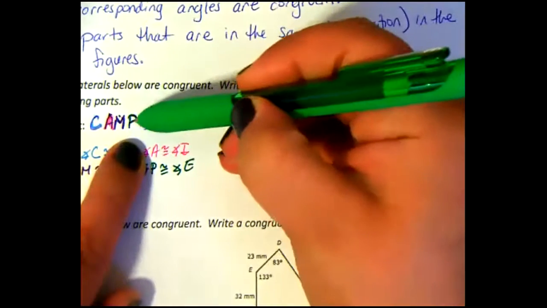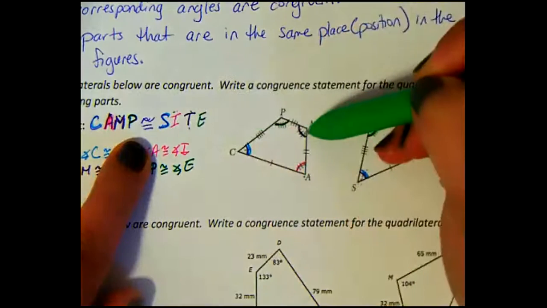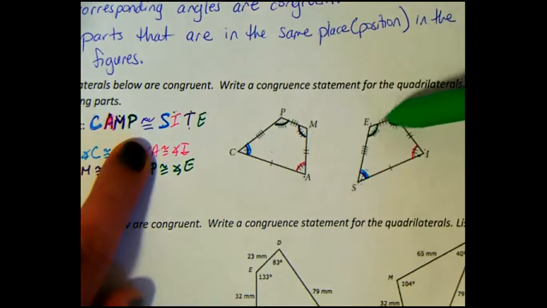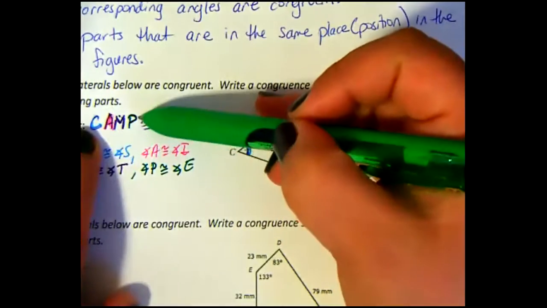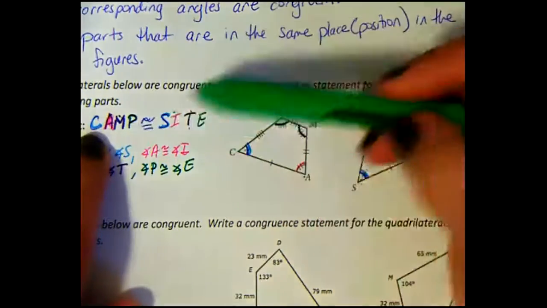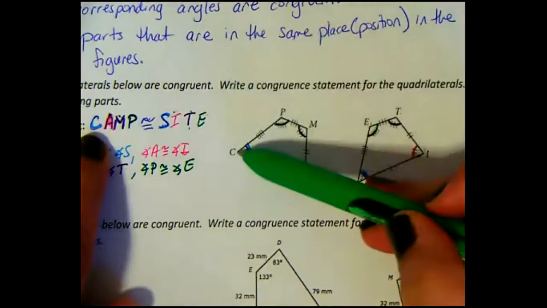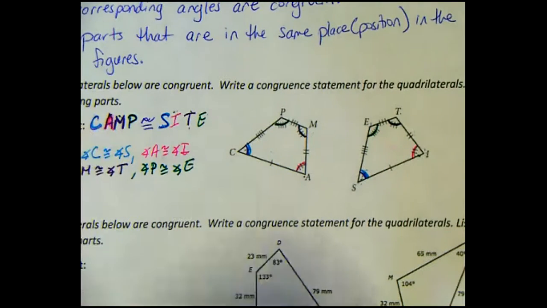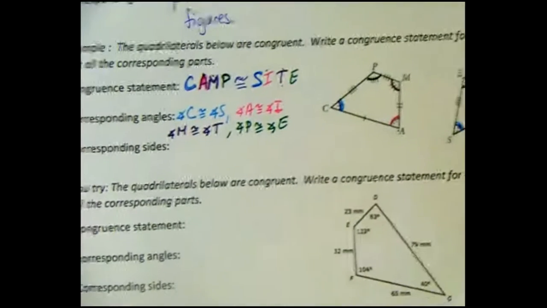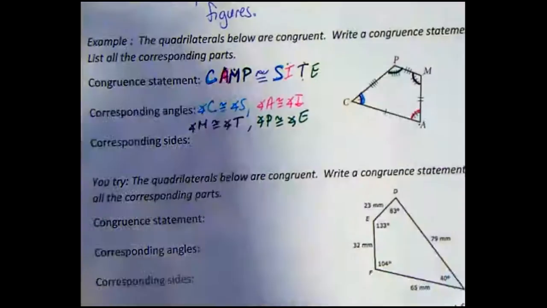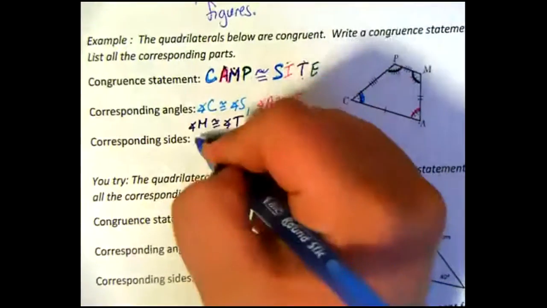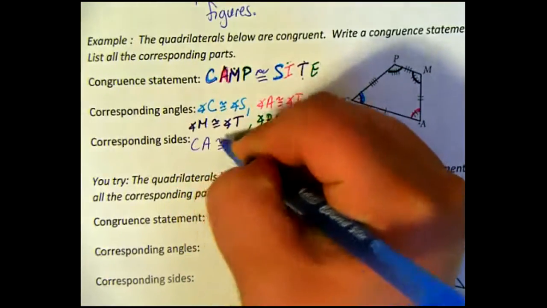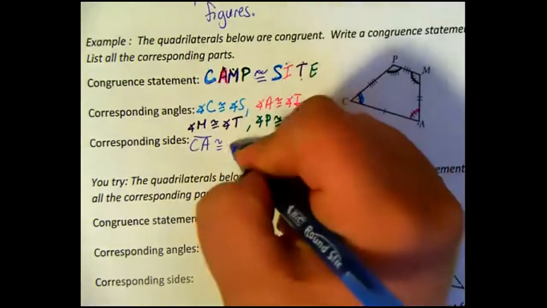MP, TE. MP is congruent to TE. And then I take the first and the last. So CP, SE. CP is congruent to SE. So even the name gives me my corresponding sides. So I have segment CA is congruent to segment SI.